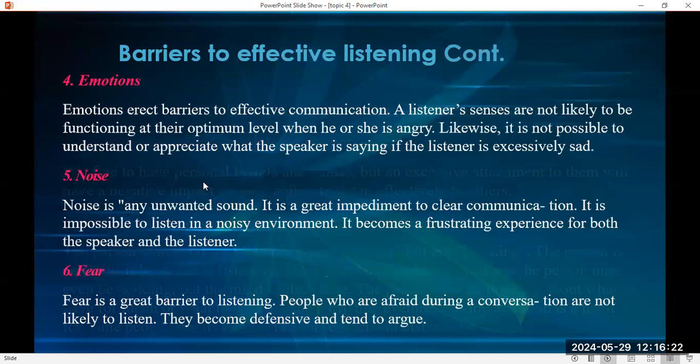Emotions. Emotions erect barriers to effective communication. Our listeners' senses are not likely to be functioning at their optimum level. For example, when you are angry, you tend not to listen to anyone. Even when you are so happy, you tend not to pay attention to some things.